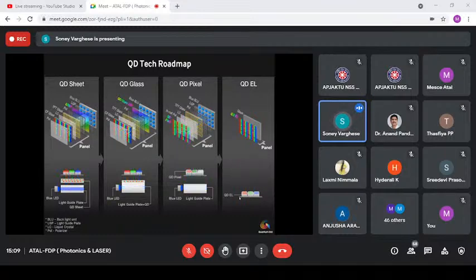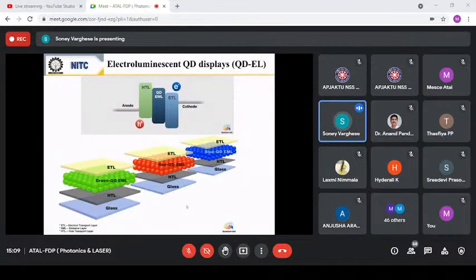But in this case, the electroluminescent based system will be something like this. You see that you have a glass substrate, we have a hole transport layer, we have a quantum dot emissive layer, then we have an electron transport layer, something like an organic solar cell or an organic light emitting diode configuration.